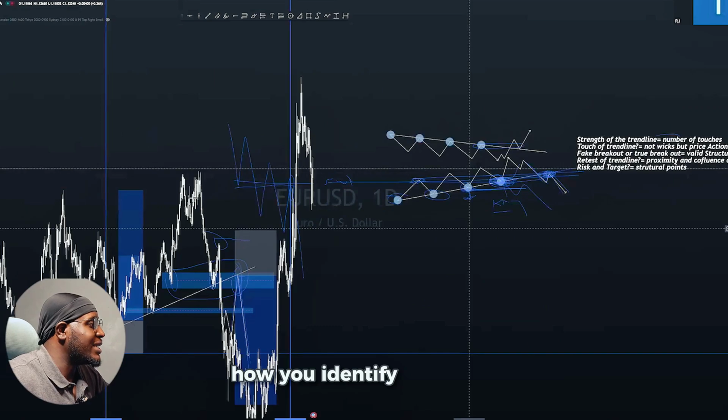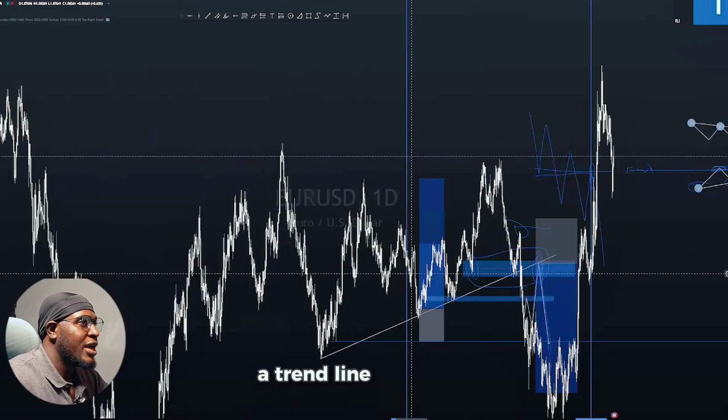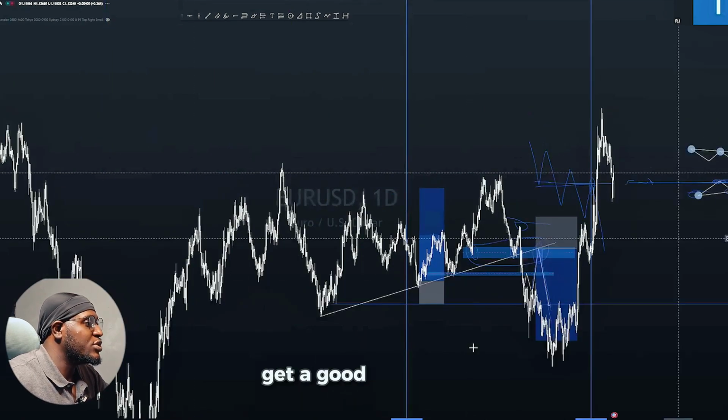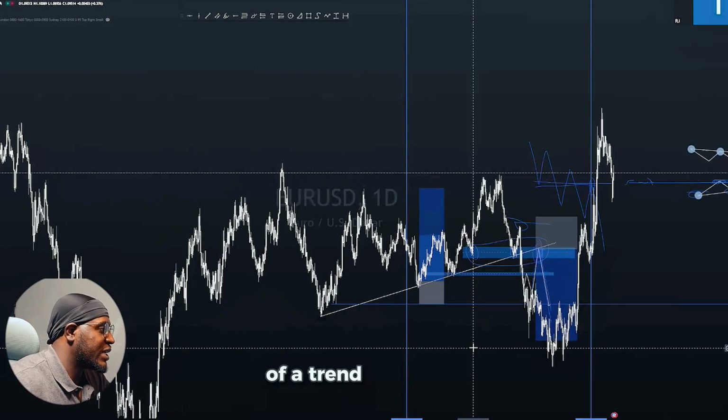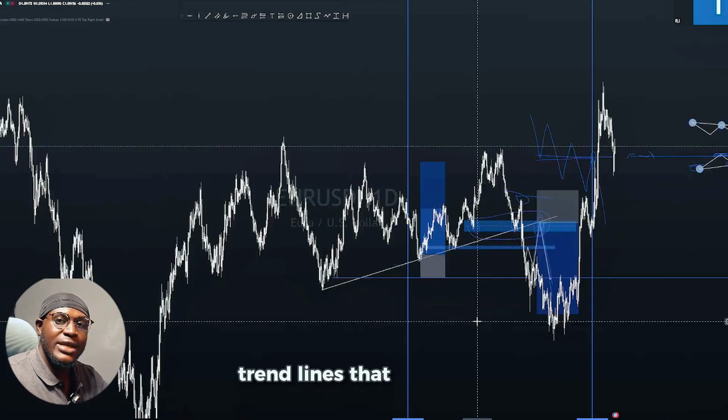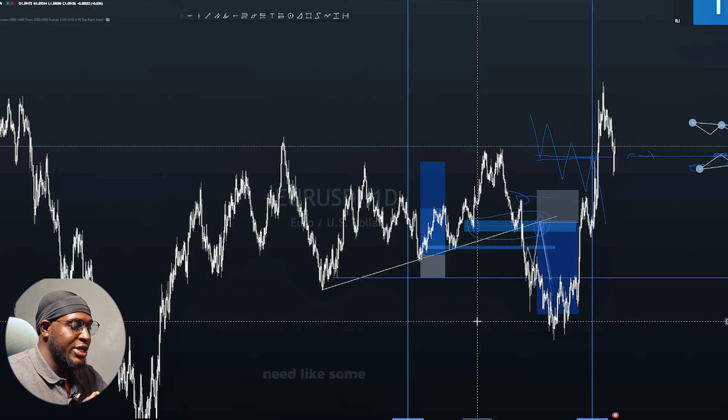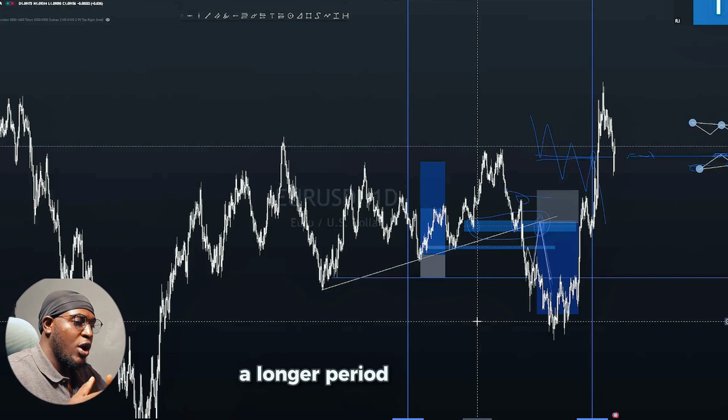Okay, now last but not the least in this conversation is going to be how you identify the strength of a trend line. Now, in order for you to get a good trend line, you want to focus more on trend lines that are not clogged. Prices are not touching this trend line every hour, you need some sort of space. You need the trend line to act based off a longer period of time.